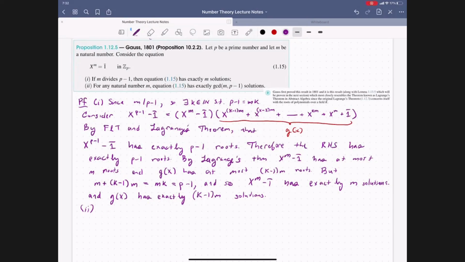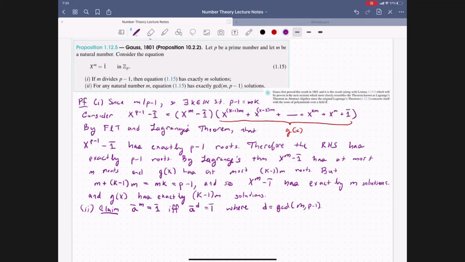The way we're going to approach this is by making the following claim: a bar to the m is equal to 1 bar if and only if a bar to the d is equal to 1 bar, where d is equal to the GCD of m with p minus 1. So how do we do this?